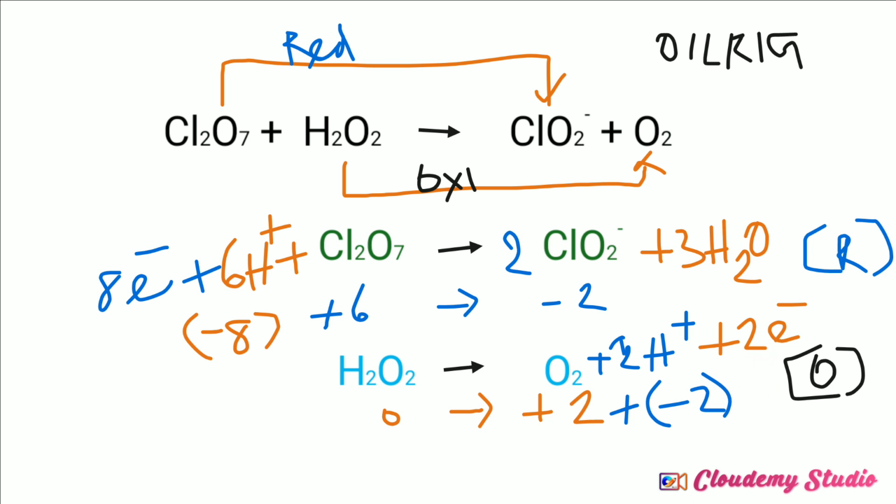But as per the rule, the number of electrons gained and the number of electrons lost must be the same in a redox reaction. So, in order to make the number of electrons equal, the oxidation reaction we need to multiply by 4.